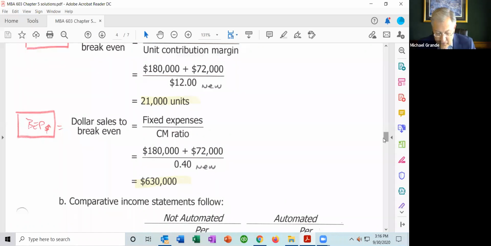Part B, assume that the company expects to sell 26,000 units next month. Prepare 2 contribution format income statements, one assuming that operations are not automated and one assuming that they are. Show data on a per unit and percentage basis as well as in total for each alternative.